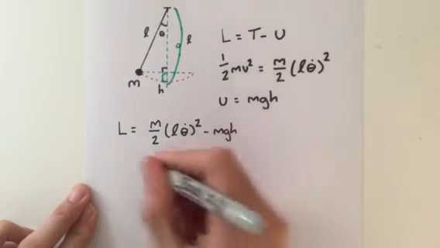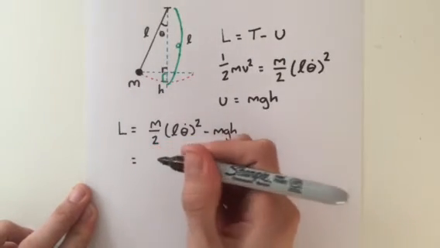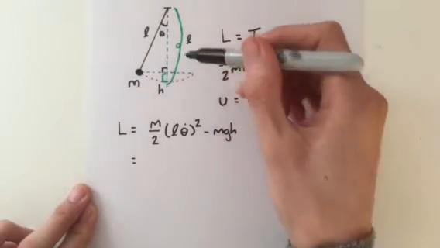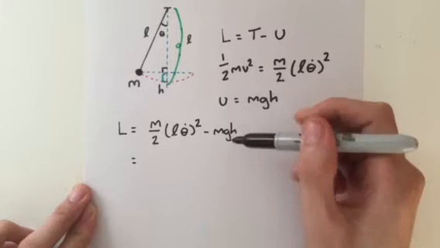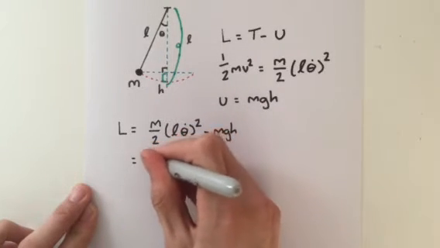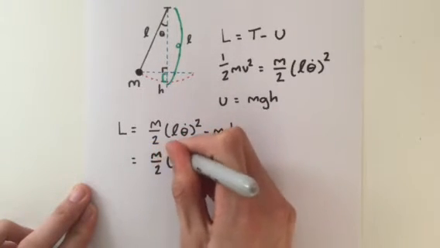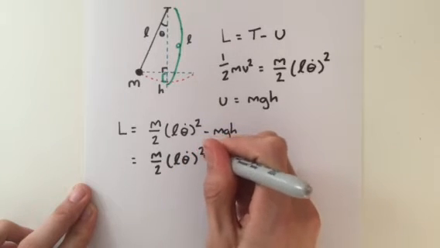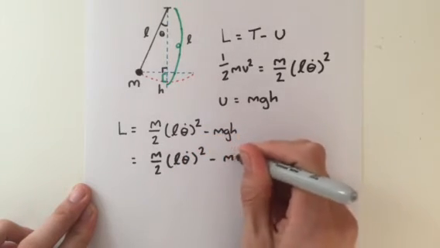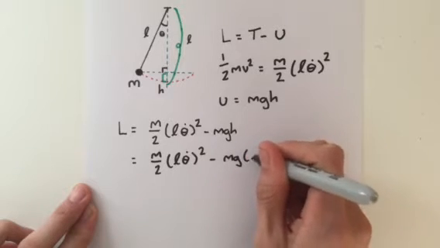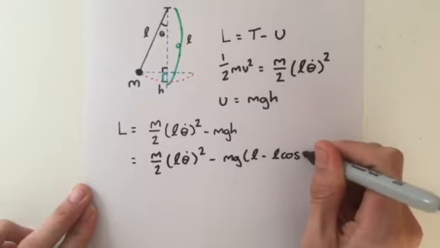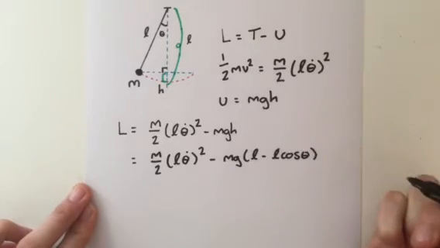So I'll quickly show you what mgh is. When we carry out the formulas for h, we get m over 2 L theta dot squared, like we have as the kinetic energy, that doesn't change, and we get minus mg times L minus L cosine theta.